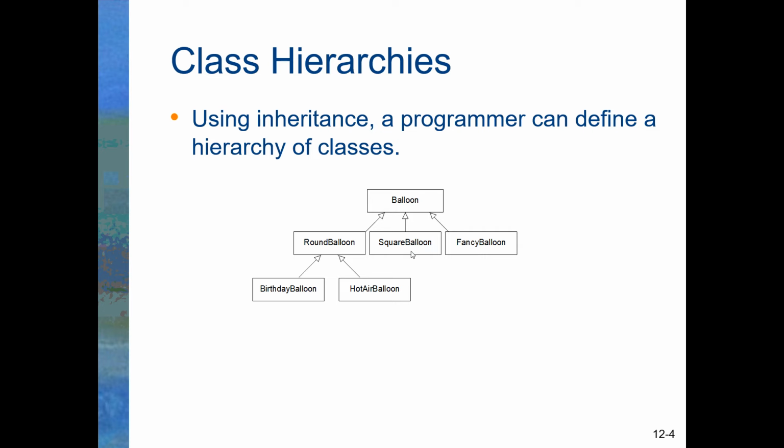And then we had one called a square balloon that inherited the properties of a balloon, and another one called a fancy balloon, which inherited the properties of a balloon, where it made kind of zigzaggy star-shaped balloons. And then we have what's called a birthday balloon and a hot air balloon. We're going to take a look at birthday balloon a little bit today, which extends round balloon and hot air balloon. In other words, birthday balloon has the properties of a round balloon, which has properties of a balloon. So it inherits down the line.